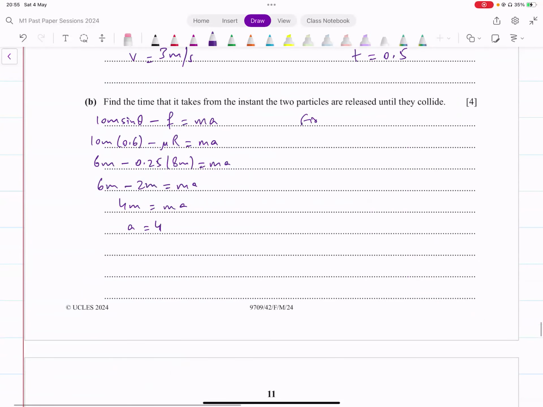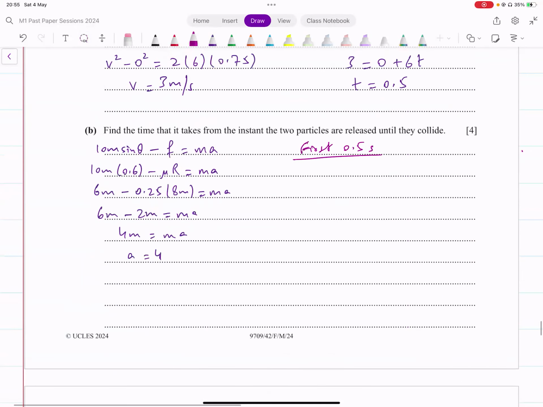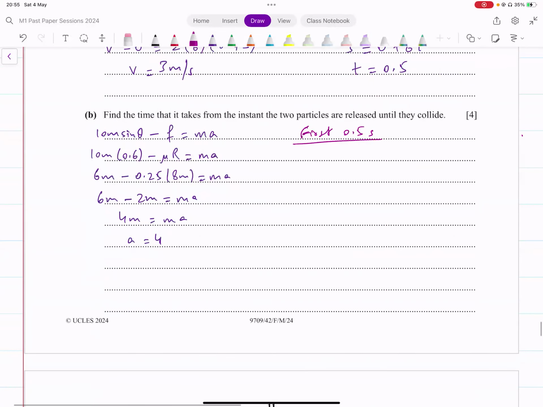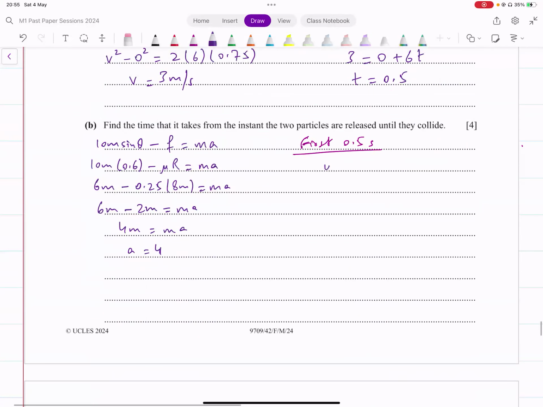So in the first 0.5 seconds, let's figure out where is Q going to reach, right? Because we already know that in 0.5 seconds, particle P has reached the point B. Particle P has reached here. How much has Q traveled in this time? Let's figure that out. In the first 0.5 seconds, we know the initial velocity is 0.